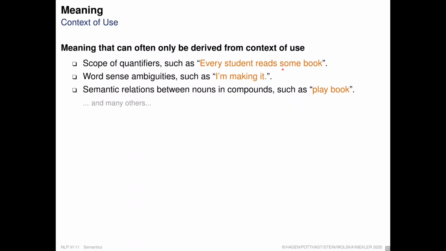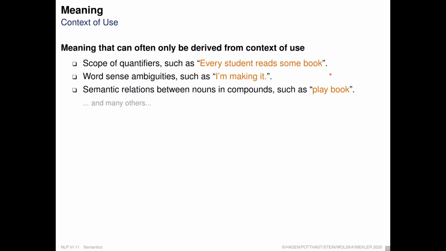For instance, this sentence here, every student reads some book, is a typical example of a so-called scope ambiguity, or an illustration of a scope of quantifiers. There are two quantifiers here, every and some, and you could imagine that there are two readings of this sentence.